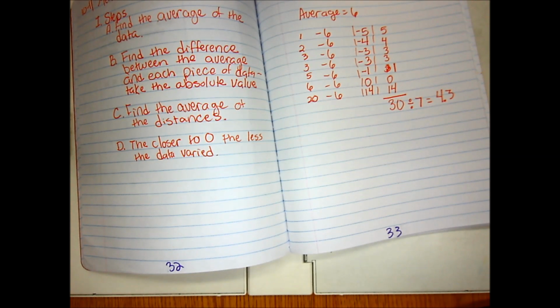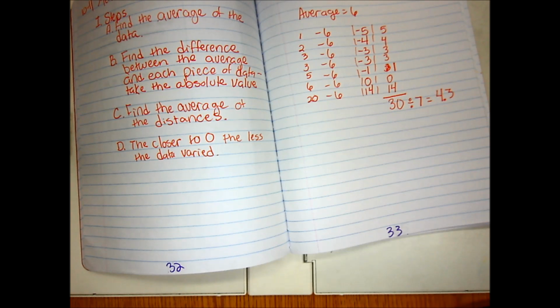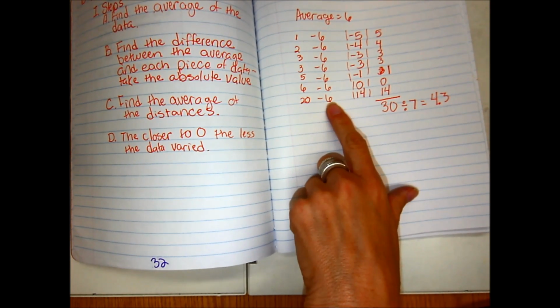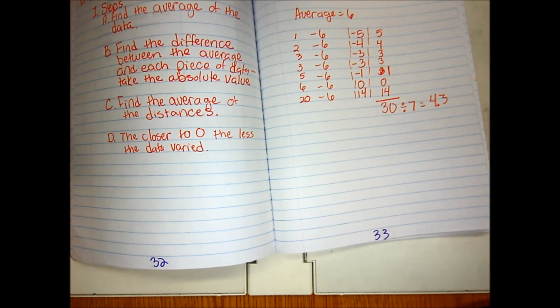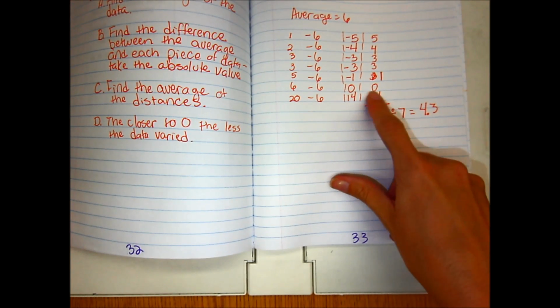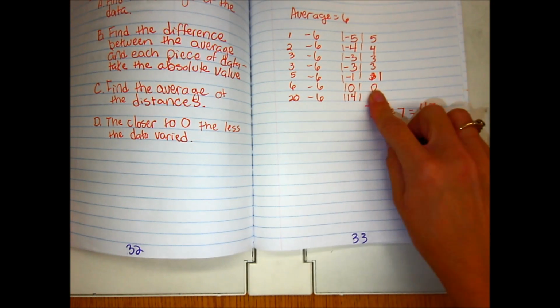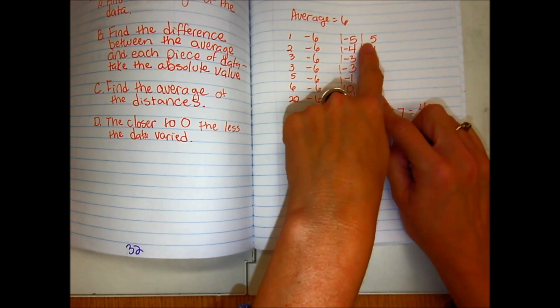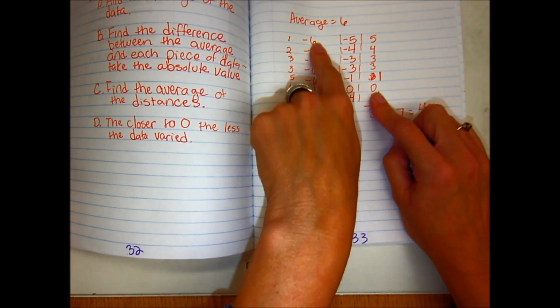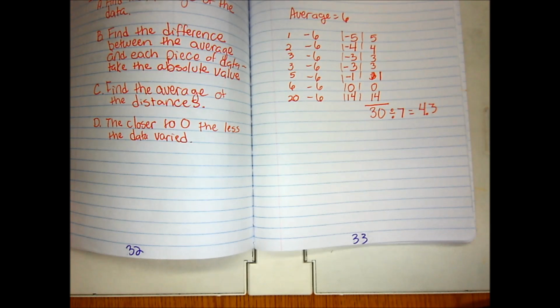So even though our average was 6, what that 4.3 means is that in general, we were probably somewhere within 4 of that 6 as our average. So it tells us there was a lot of variety in our answers. We didn't have everything right next to our average. Now, part of our problem on this one is that we had that big outlier. If we had found the average without that outlier in there, our average would have been lower, probably in the 3s or something like that, and then our variation would have changed too.